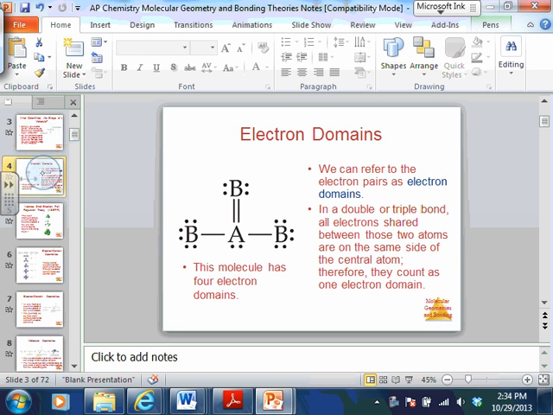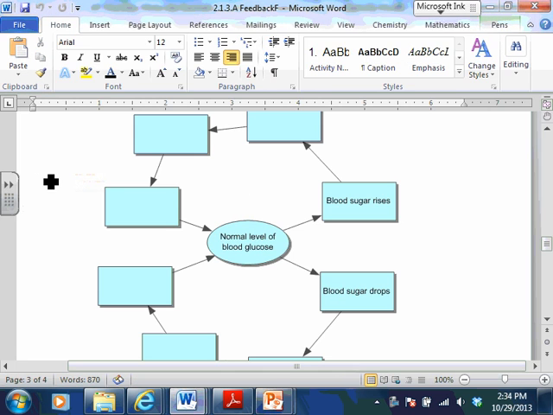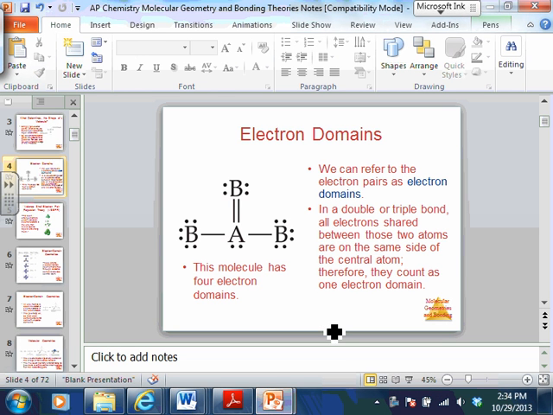But the main idea that you have to remember from last year is the electron domain idea. You guys remember that? So you count the number of domains around the central atom. Now remember, things like double bonds only count as one domain because those electrons have to stay together, right?